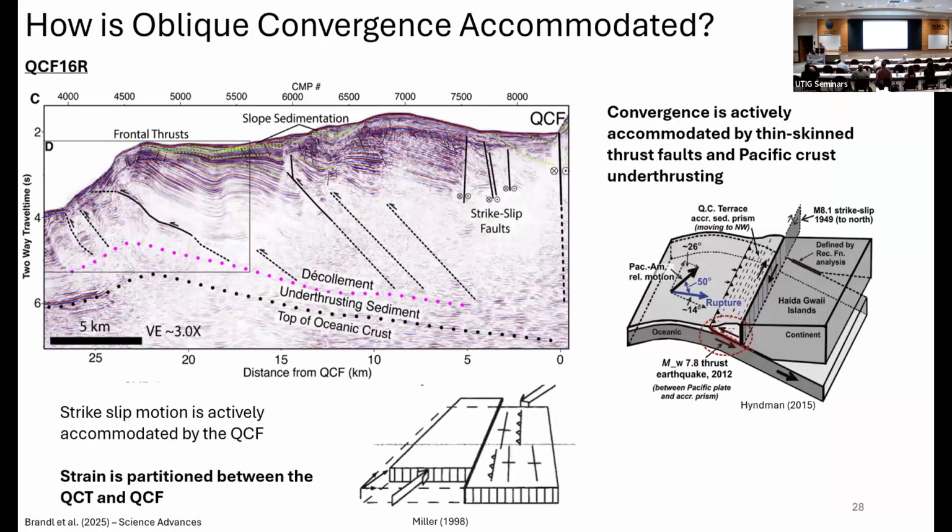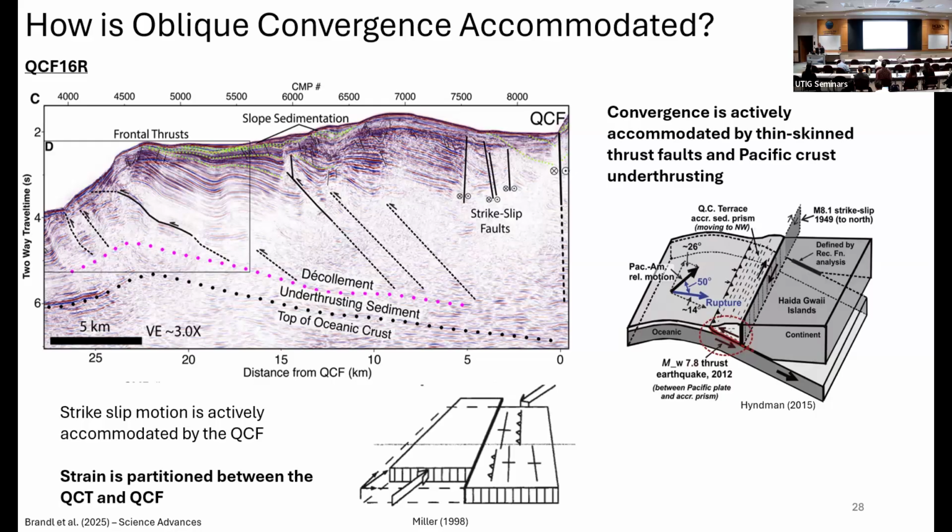So, trying to get to some of the questions we're thinking about, the first being: how is oblique convergence accommodated by this system? As we saw, the Queen Charlotte Terrace is mostly built from these thin-skinned thrust faults that are inverting oceanic sediments, either at some time in the past or actively.